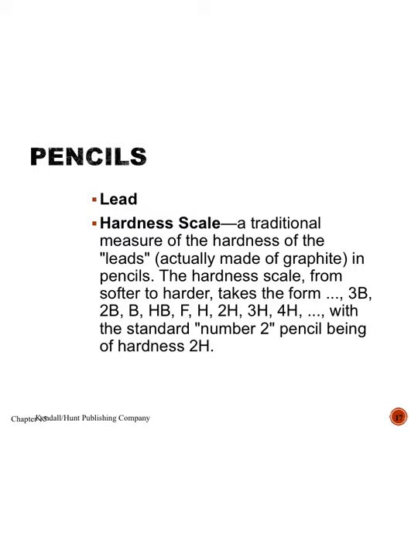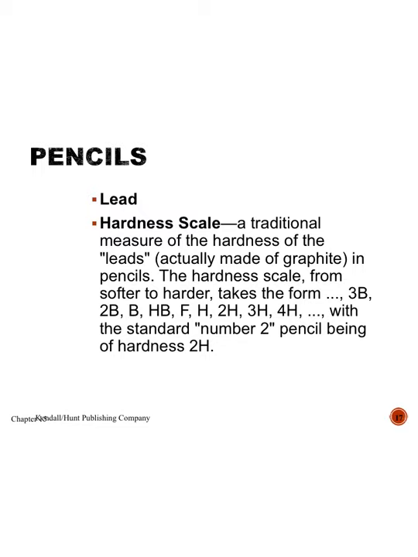Pencils, again, different pencils have different hardnesses. I don't know if you guys remember this, if you think back to when you used mechanical pencils, you had 0.5 lead, you had 0.7 lead, you had a number 2 pencil, some were not number 2 pencils. So when we look at pencils, the lead component is a little bit different.